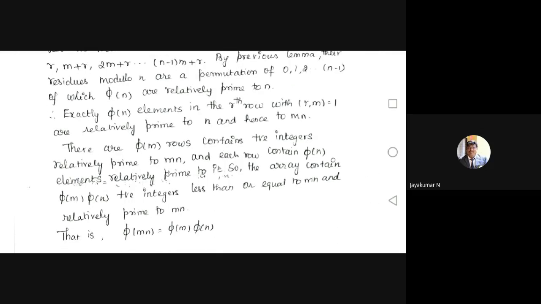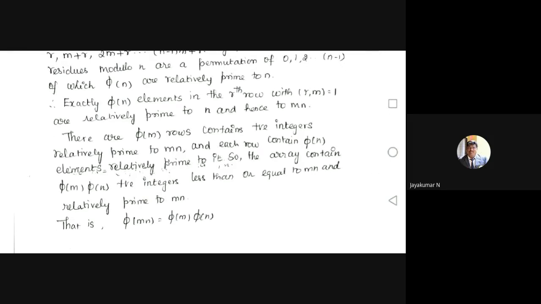Actually, phi of n is specifically because we have taken the rth row. So now there are phi of m rows that contain integers relatively prime to mn, and each row contains phi of n elements relatively prime to mn.